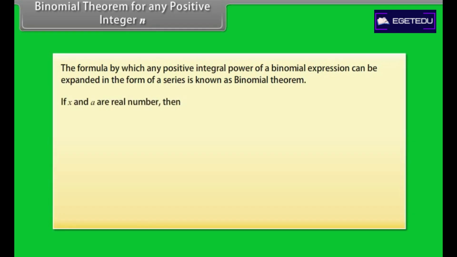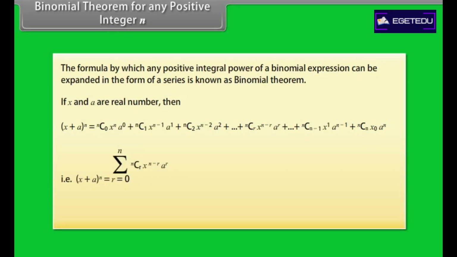If x and a are real numbers, then (x + a)ⁿ is equal to the summation from r = 0 to n of nCr × x^(n−r) × a^r. The binomial theorem can be proved by induction.